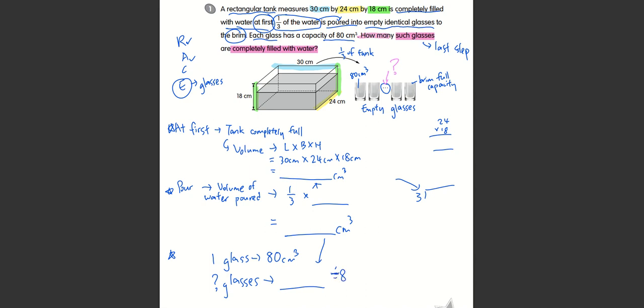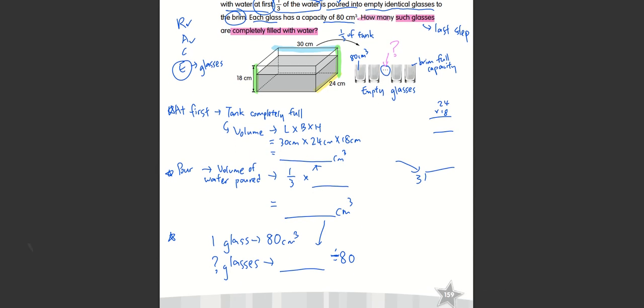Then I can just divide by 80, to find out the final answer in glasses. Now it says here 80, so it's with the tens. So in fact I can just ignore the tens first, just divide by 8, then put in the 0 after.